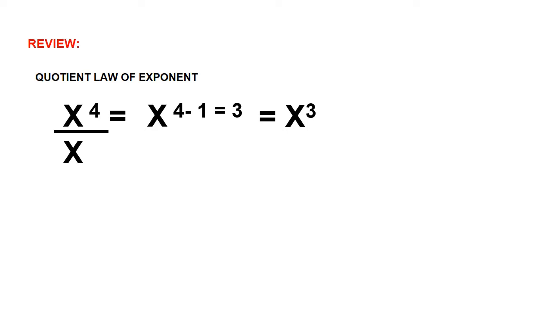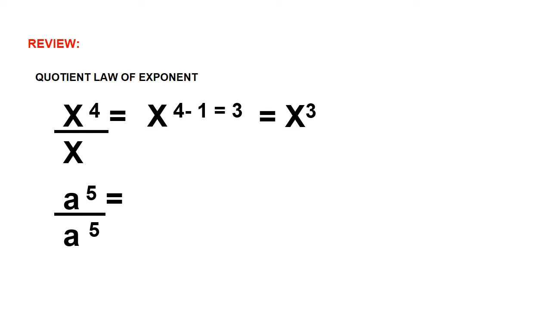Nakuha ninyo? Another example. We have a to the 5th power divided by a to the 5th power. This time, ang ating variable is a. We're going to apply the law of exponent by copying the base, which is a, and subtracting the exponents.